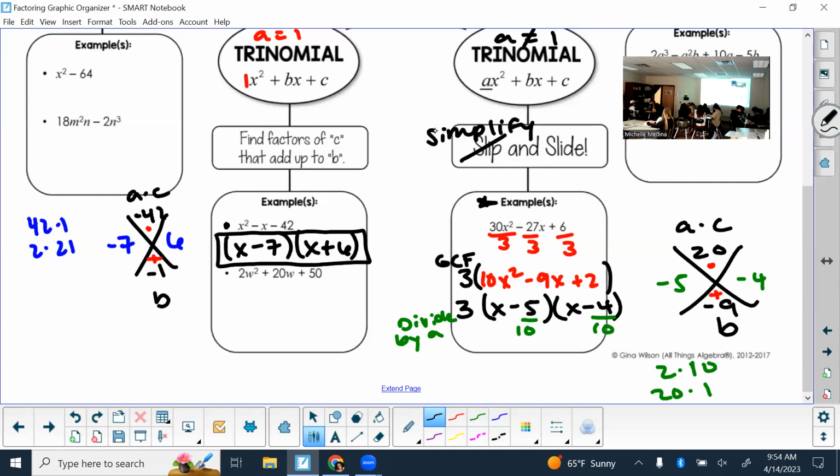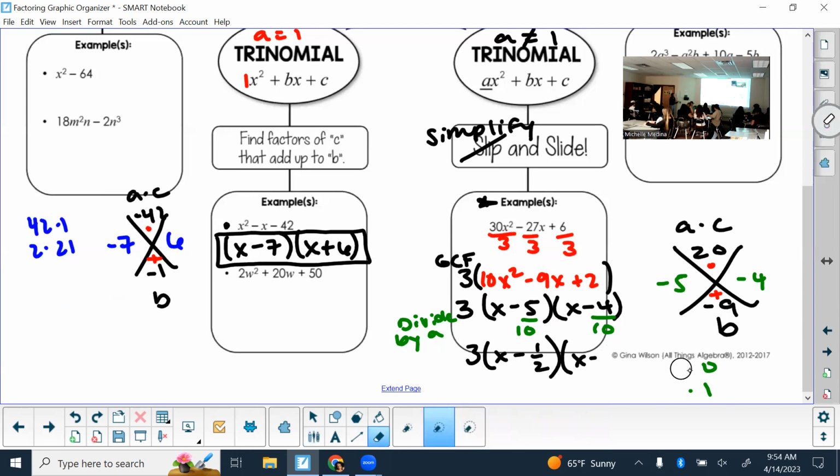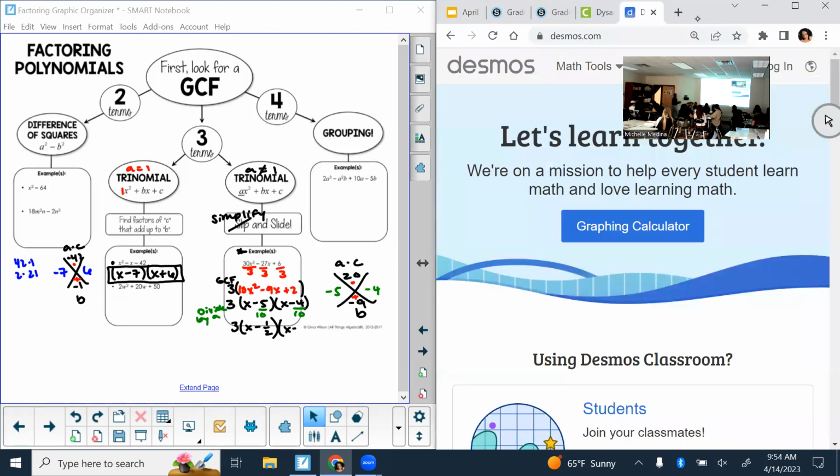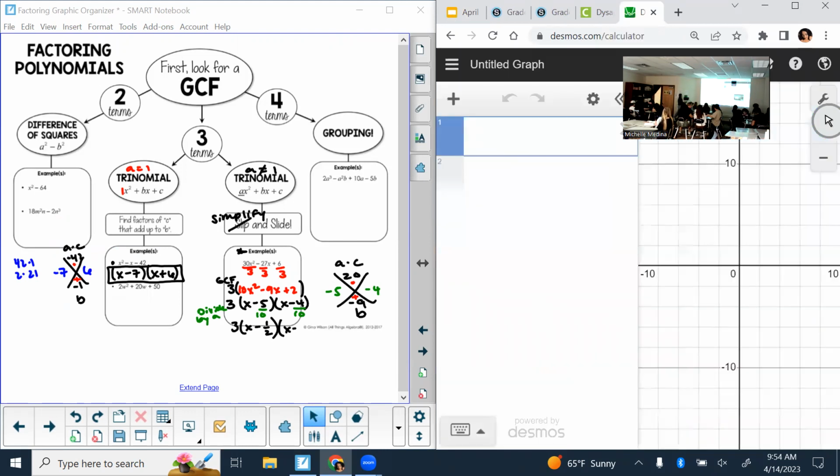So simplify those fractions. What does 5/10 simplify to? 1/2. 4/10, what does that simplify to? All right, so I know we're not huge fans of fractions, but now that we're done with state testing, I'm not really limiting your use of Desmos.